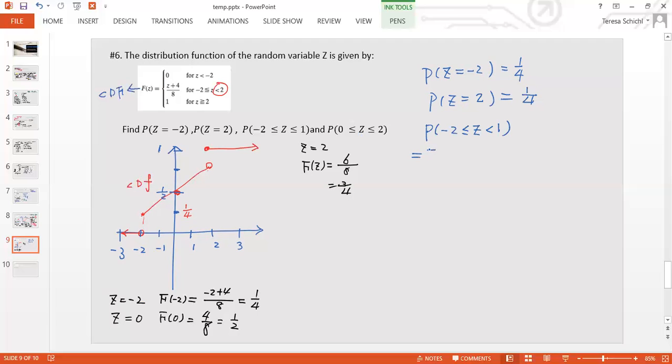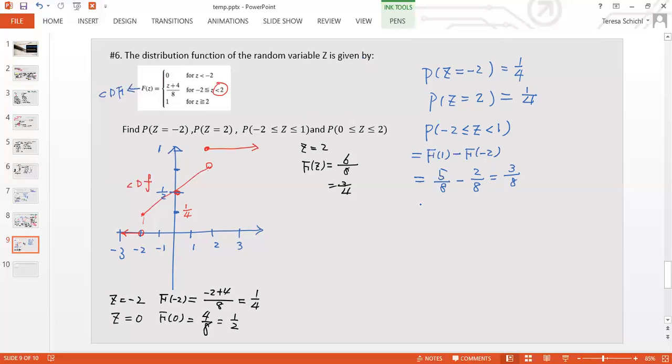So this will be equal to F of 1 minus F of -2. So F of 1 is 1 plus 4, so it's 5/8, minus F of -2, which we just did, is 1/4. So this is 1/4, so it's 2/8. So what we have here is 3/8. It's clear? Okay, very good.